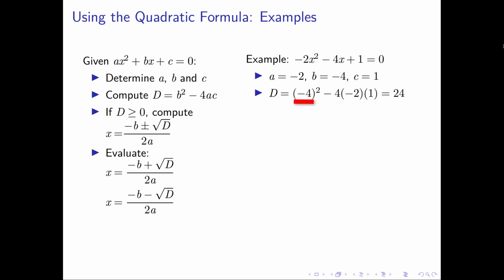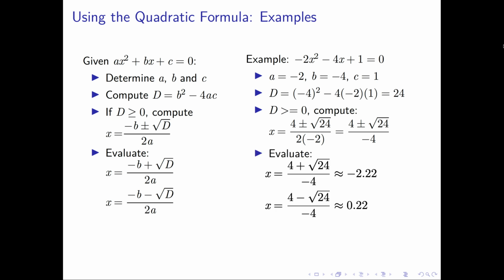That's 16 minus -8, that's 24. Since d is greater than 0, we compute the values of those quantities, 4 plus or minus the square root of 24 over -4. And then we evaluate for the plus sign and the minus sign, and you can see the two solutions.